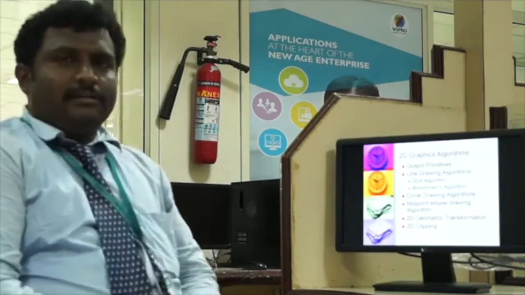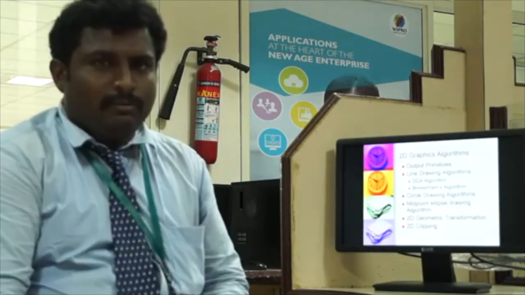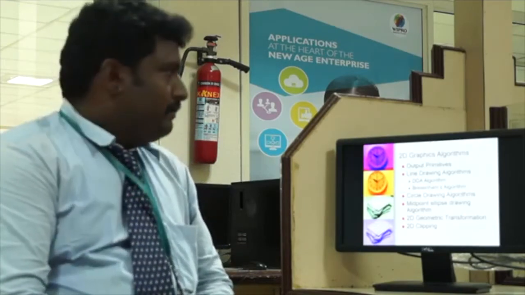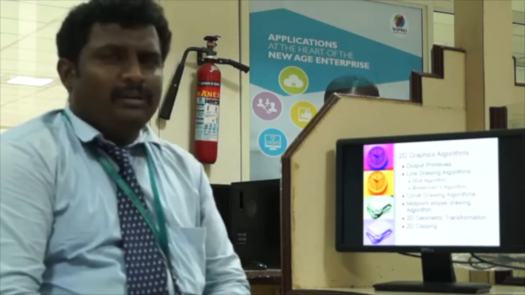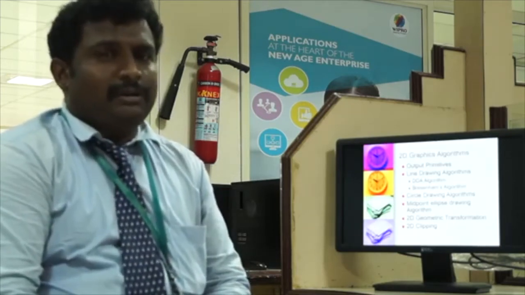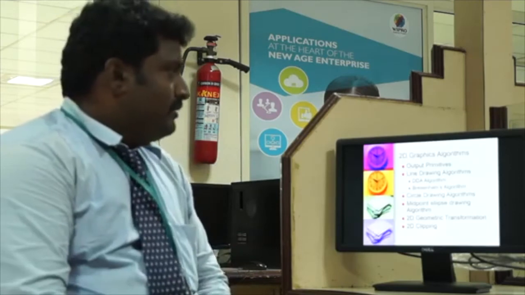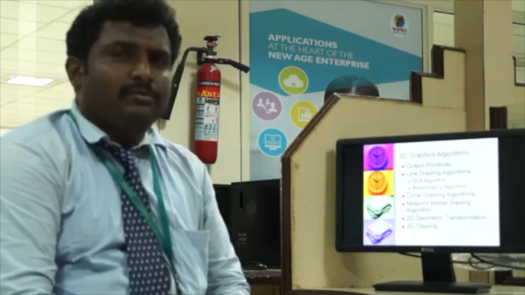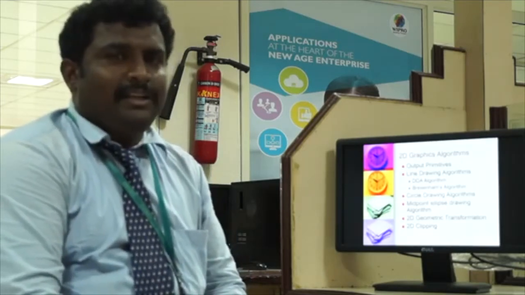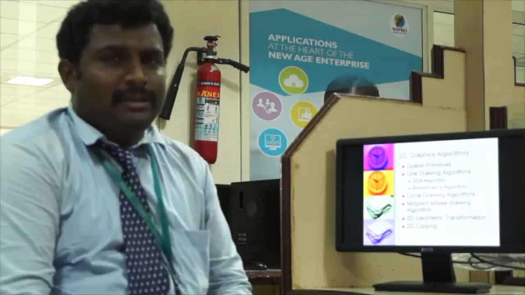The agenda of today's session: I am going to give an overview of 2D graphics algorithms. First we will see what an output primitive is, which is very essential to know about computer graphics, and later we will discuss the line drawing algorithm. Under line drawing algorithms we have various algorithms, but there are two very successful algorithms: one is DDA and another one is Bresenham's line drawing algorithm.